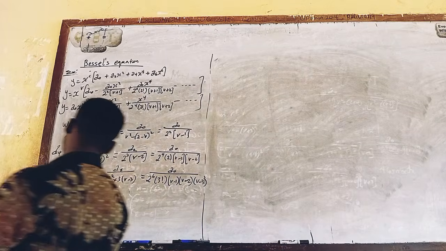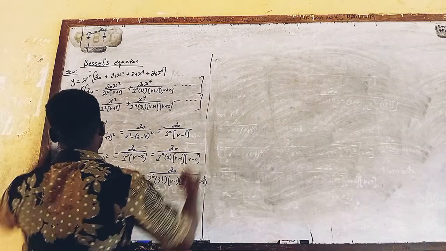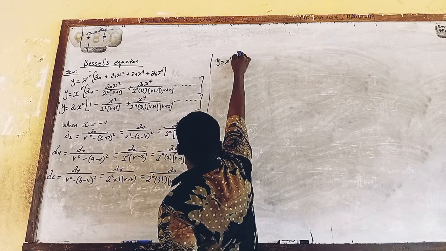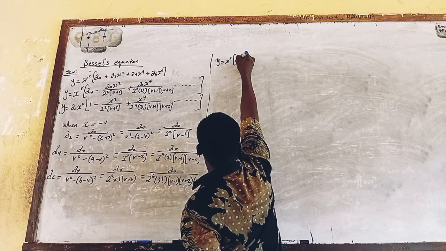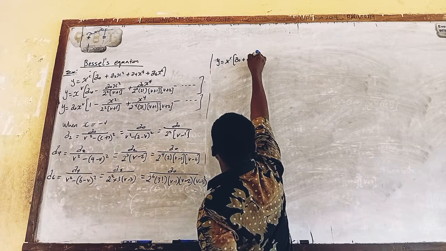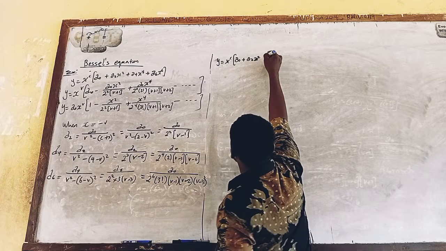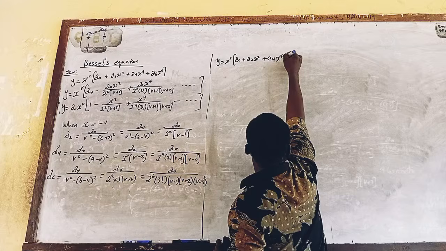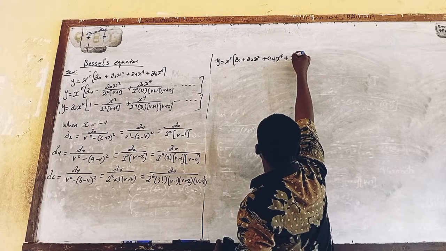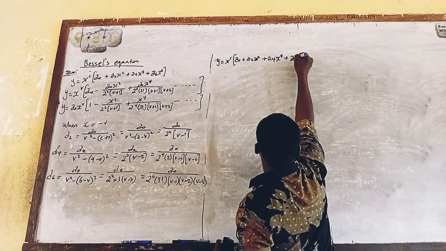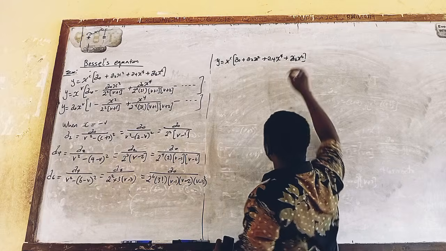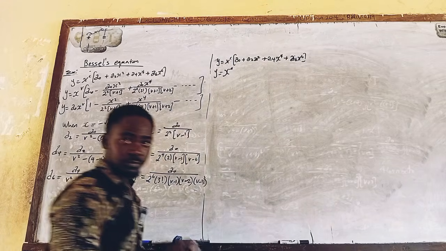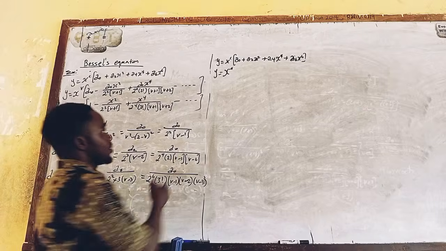Now the next thing is to write it in the form of this. So we have y equals x raised power c over a naught plus a2 x squared plus a4 x raised power 4 plus a6 x raised power 6. Y equals x raised power minus v now. So this is minus v now.